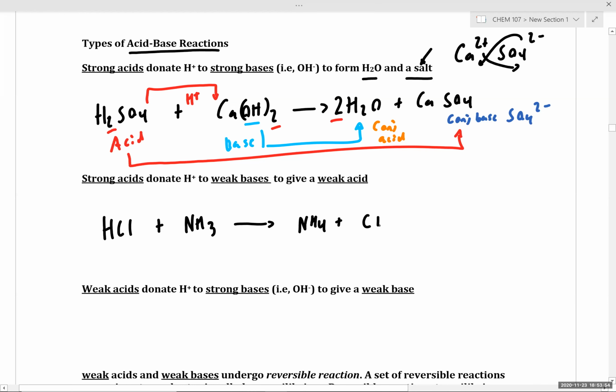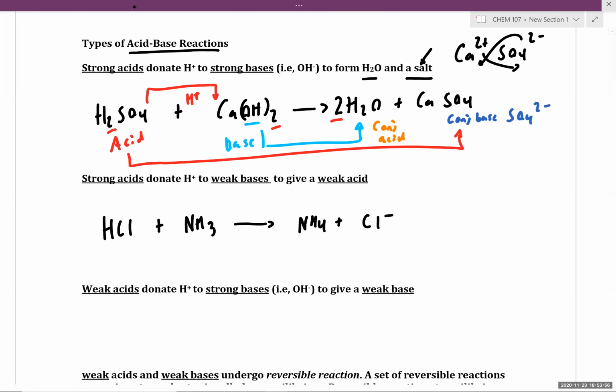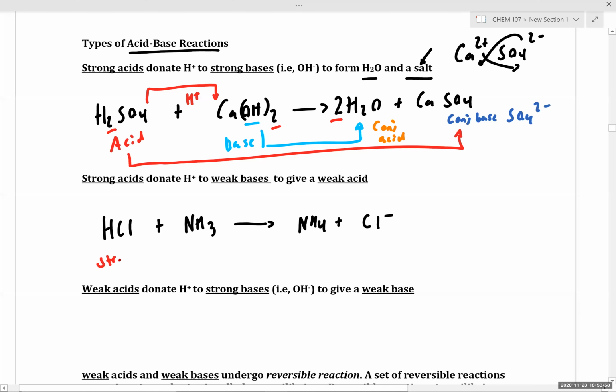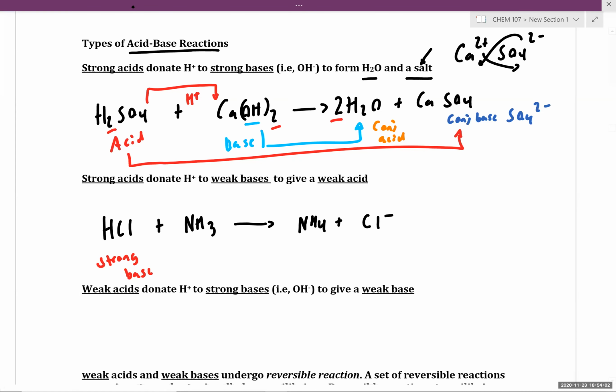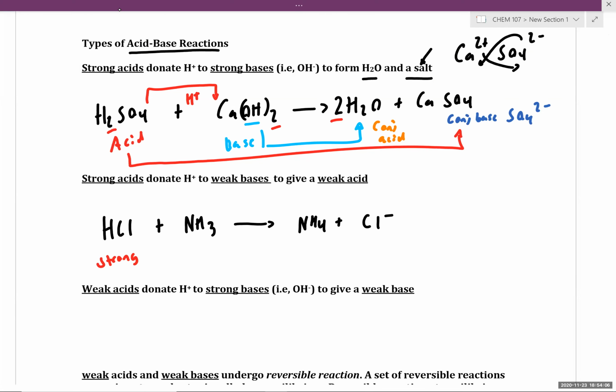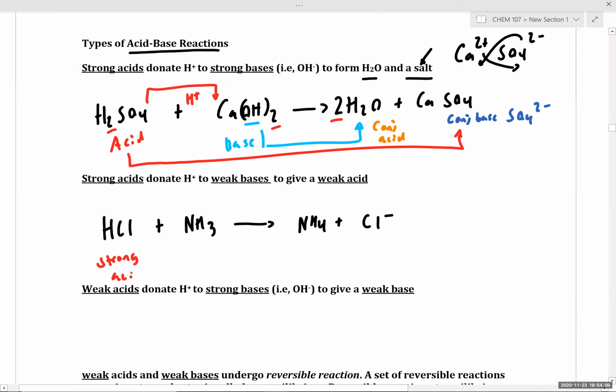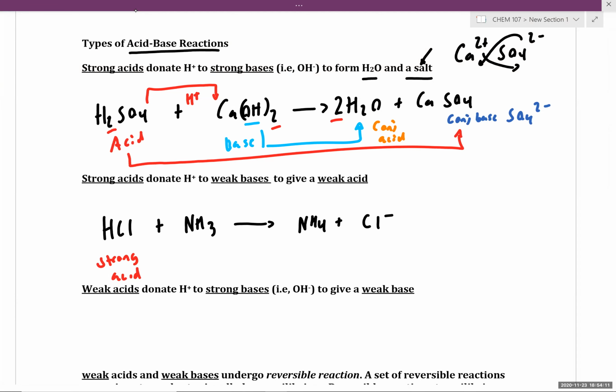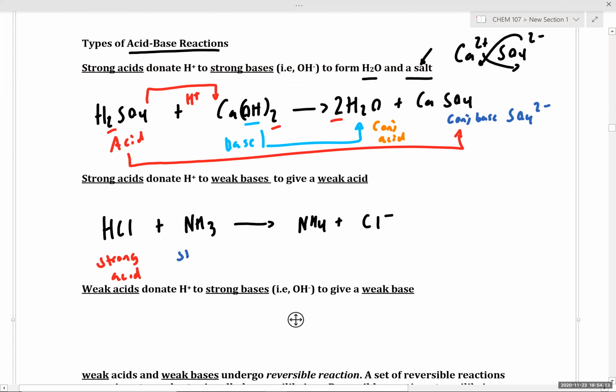So hydrochloric acid is our strong acid, and ammonia is our weak base. Not quite a strong base in this case, it's a weaker base.